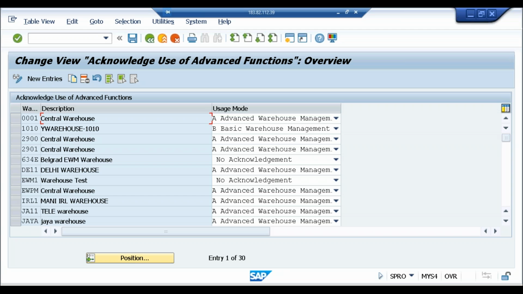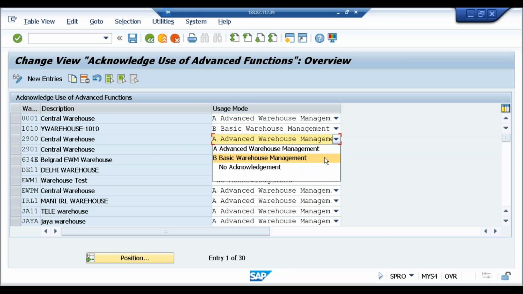In S4 HANA, the facility SAP has given to the business is that they have bifurcated the system into basic warehouse management and advanced warehouse management. In the first class I also told you that SAP is directly promoting or recommending that the business directly start with extended warehouse management. They want all businesses to directly come up with extended warehouse management because the LEWM which is existing is not the targeted architecture.